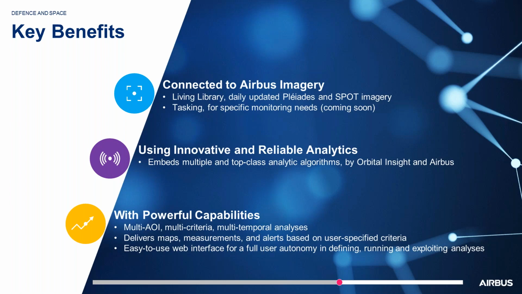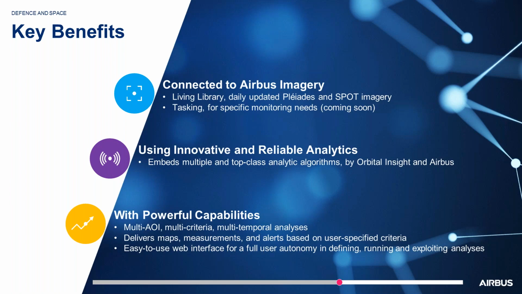The second point, very interesting for Earth Monitor, is that Earth Monitor is able to run innovative and reliable analytics and embeds multiple and top-class analytic algorithms provided by Orbital Insight and Airbus. And again, all these analytics were trained and qualified worldwide to reach a high level of accuracy and reliability, and to be run in different landscapes.